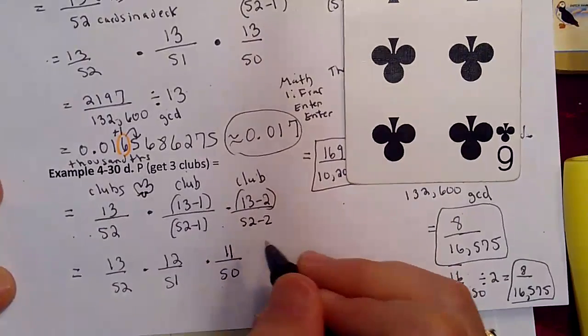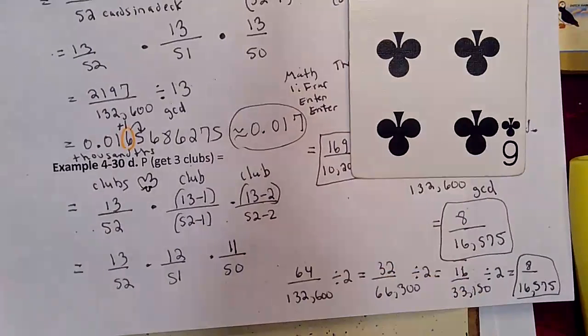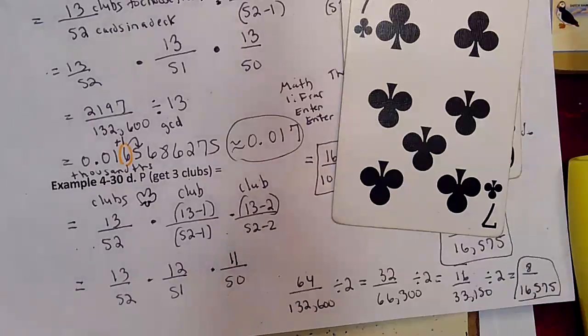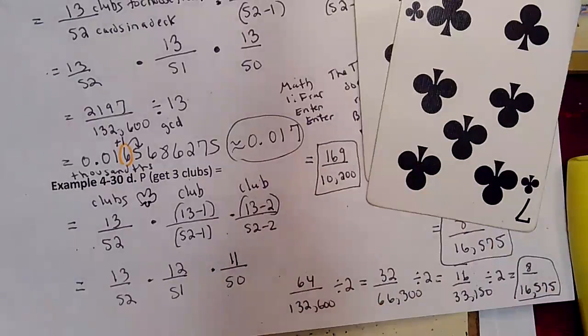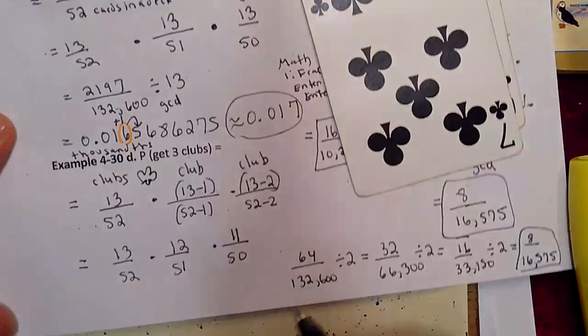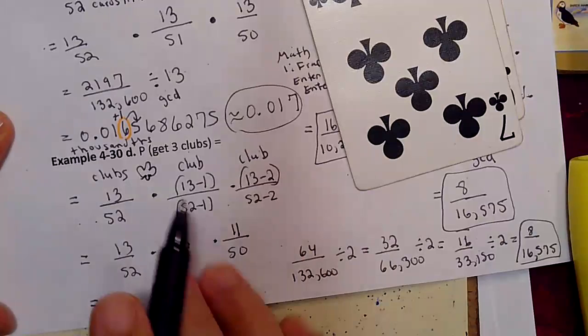When you choose your second, you choose another club. Say I pull out the seven of clubs. So now I have two cards out, and I have 50 cards left. I'm only choosing three, so there's no need to keep going.